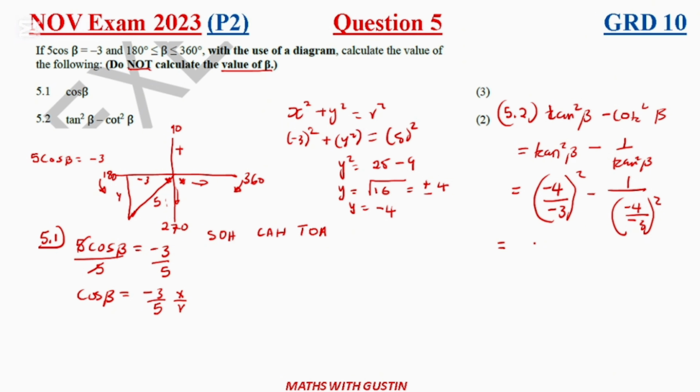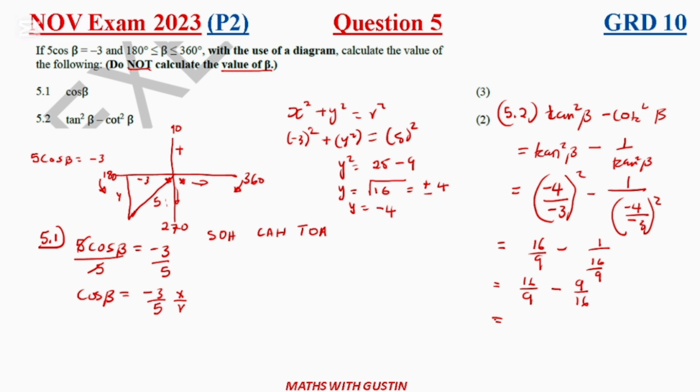We would find that here we are going to have 16 over 9, and then 1 all over 16 over 9. So we take the reciprocal value of that, which is going to flip, upside down, 9 over 16.